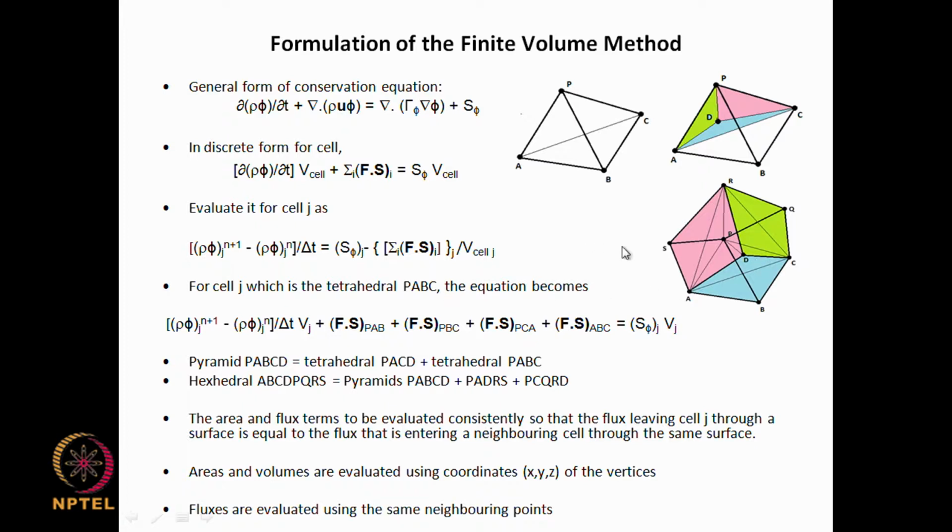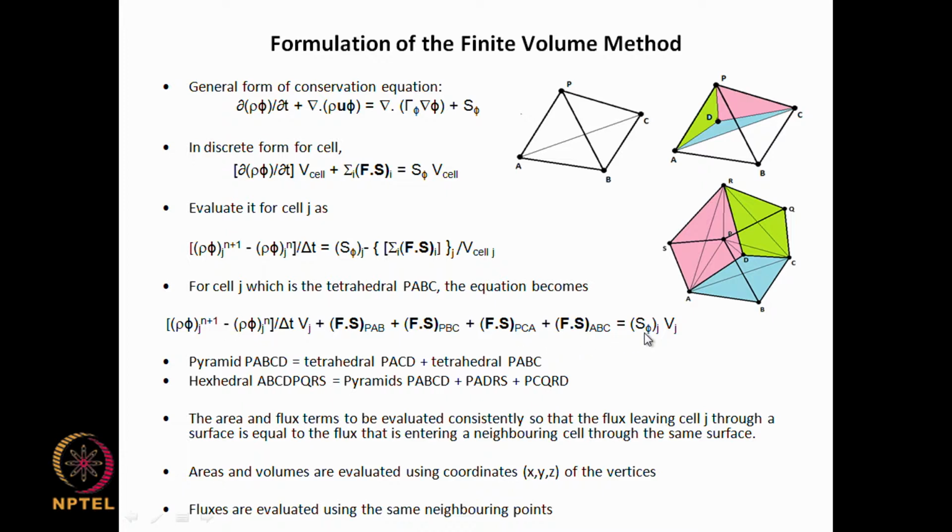Okay. So, if we now want to evaluate this, it is still not yet in a solvable form, because we obviously have phi j n plus 1, but unless we know what these fluxes are, we are not in a position to evaluate this.